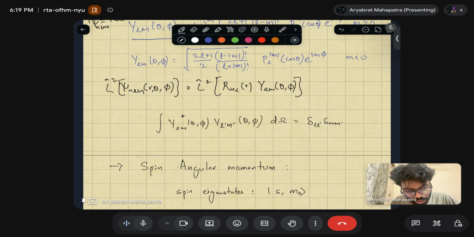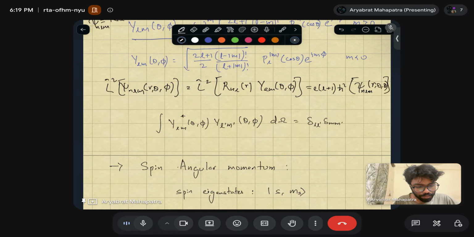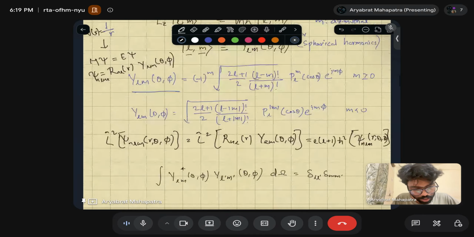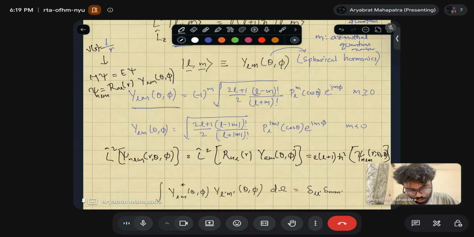If you do this algebra, on the right hand side you will find l(l+1) h bar square times psi nlm(r, theta, phi). If you see this expression very closely, it has some constant.